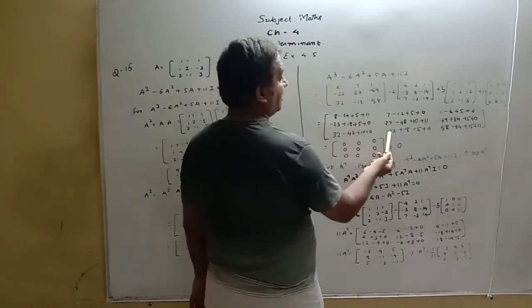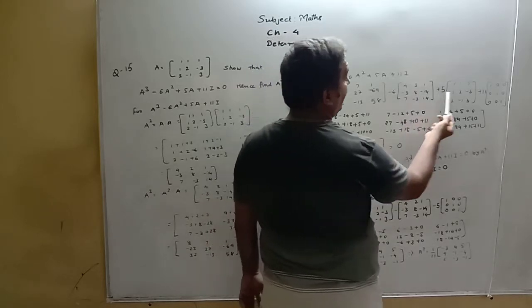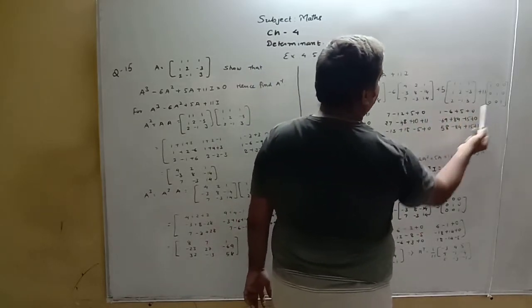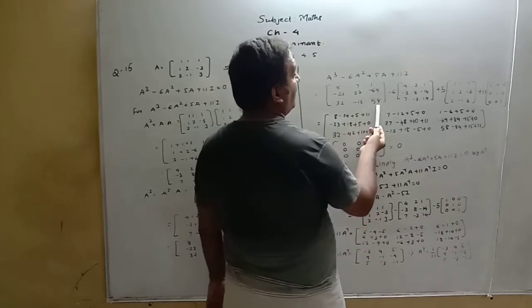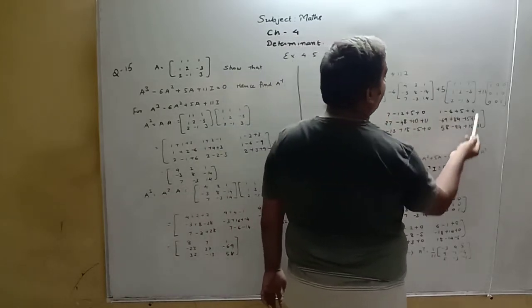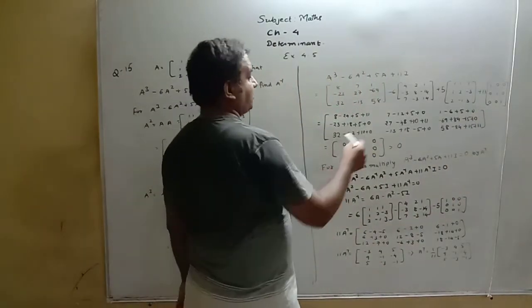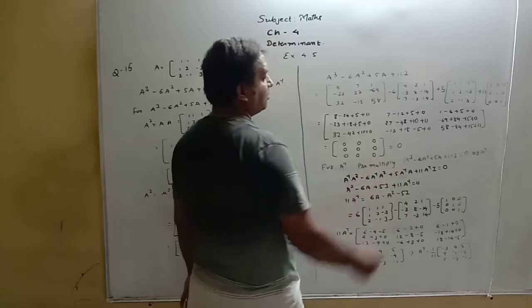Then minus 30 minus 6 into minus 2 is plus 18, 5 into minus 1 is minus 5, 11 is 0. Then 58 minus 6 into 14 is minus 84, 5 is 50. So we add all the numbers, and we get each entry 0.